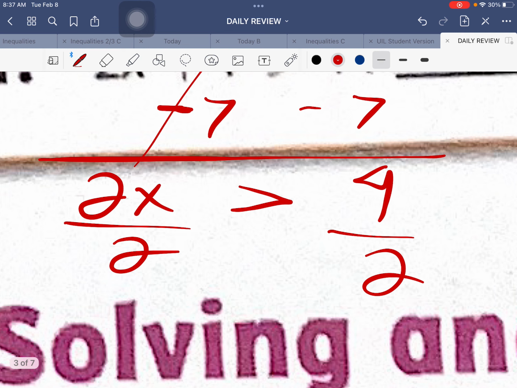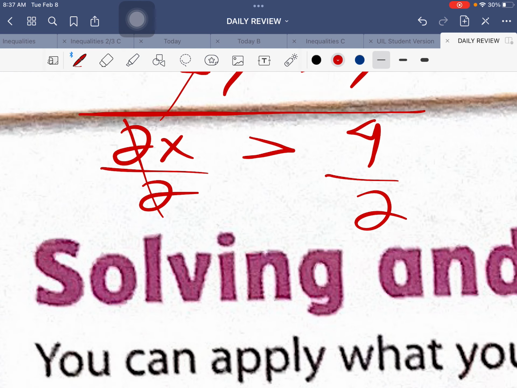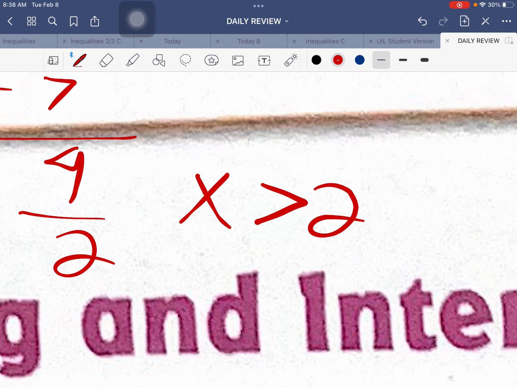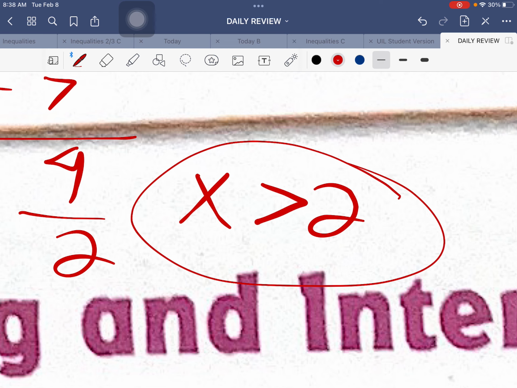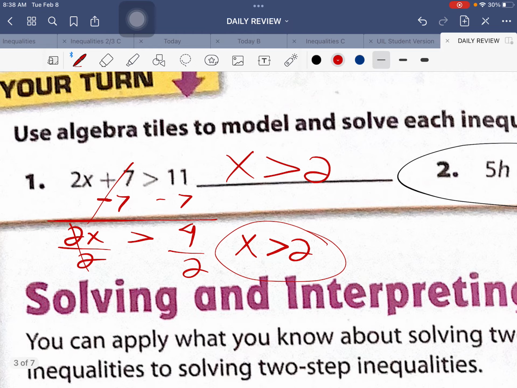What's 4 divided by 2? So x, if you bring everything else down, or you just move it to the right, that's fine. How do you say that little inequality symbol? Greater than. X is greater than 2. Perfecto. We're done.